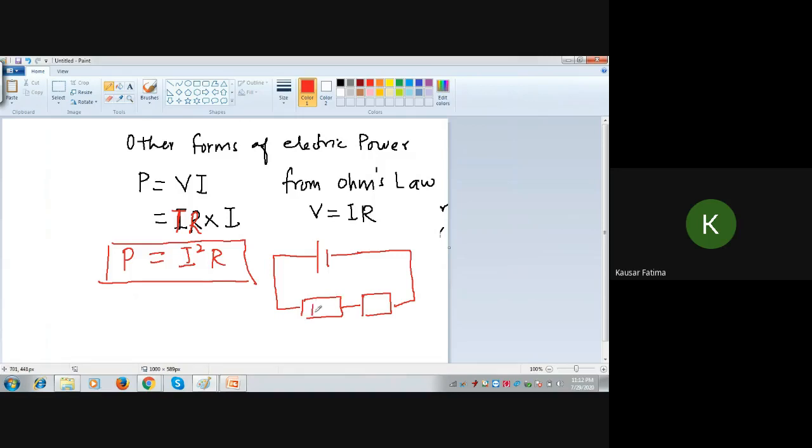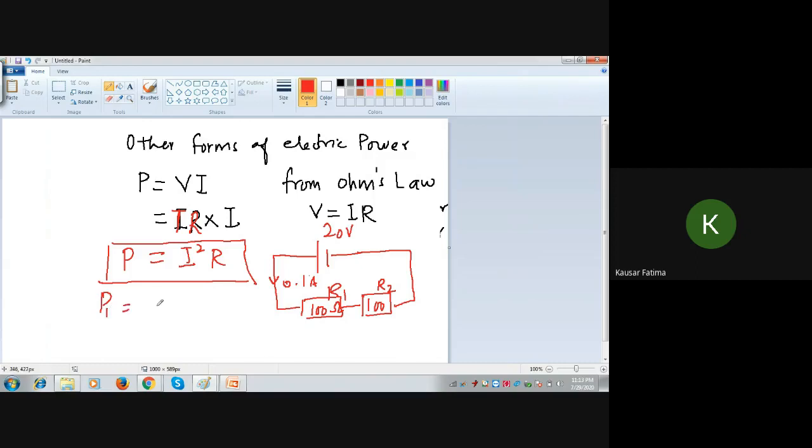If I ask you to calculate the energy used up by this 100 ohms, suppose this is 20 volt and the current is, suppose this is also 100 ohms, so current is 0.1 ampere. So if I ask you to calculate power of R1, so what will you do?